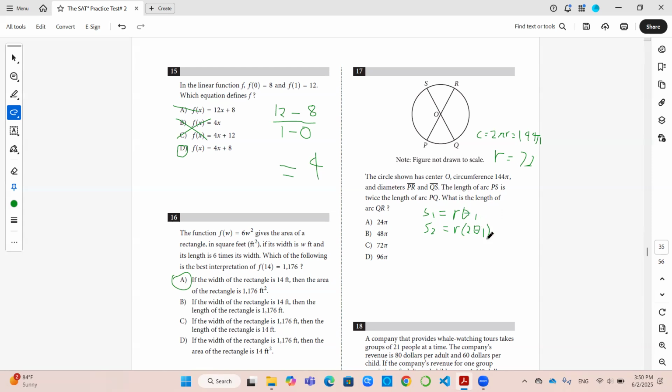And I could add my thetas up because they have to add to 180. So theta 1 plus 2 theta 1 is equal to 180. So we get 3 theta 1 is equal to 180. Theta 1 is equal to 60.